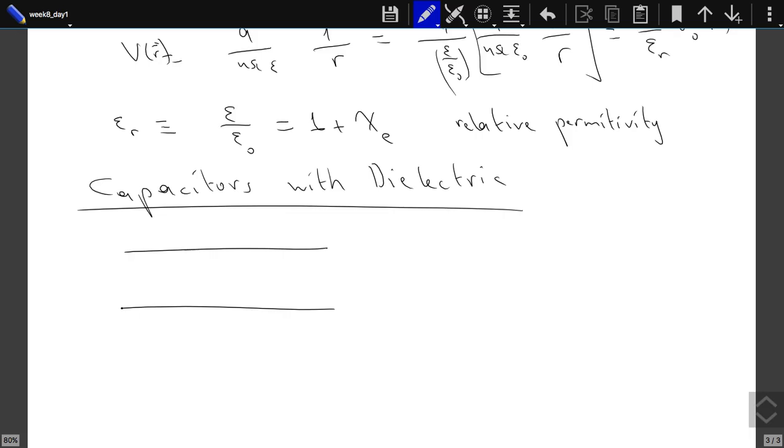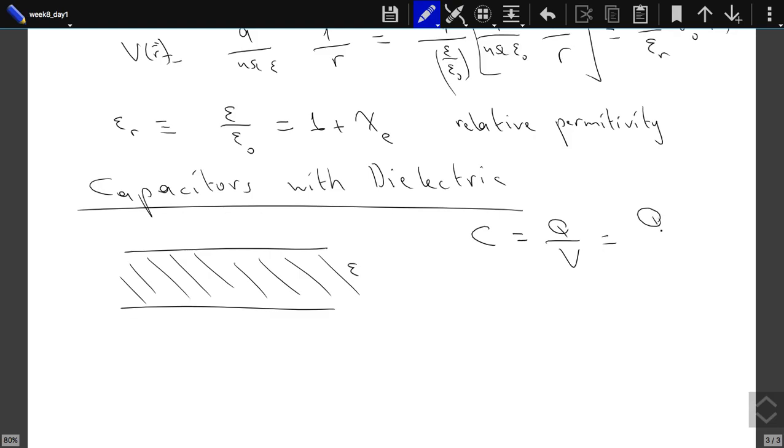Well, if you just apply this principle to a parallel plate capacitor filled with a dielectric, with dielectric constant epsilon, you see we had defined this capacitance as Q over V. Q is the charge in one of the plates, V is the potential difference between the plates, and C is the capacitance. But we had just seen that putting in a dielectric basically lowers the potential, so it increases the capacitance.